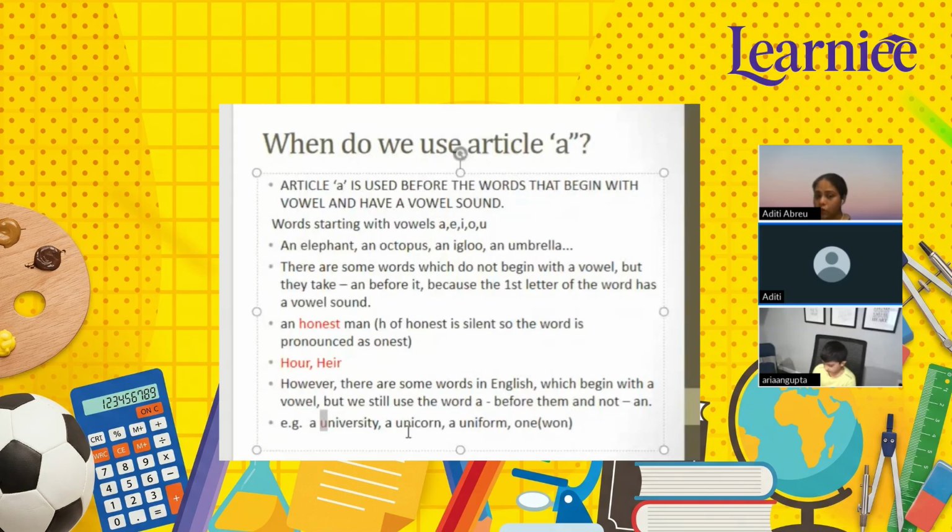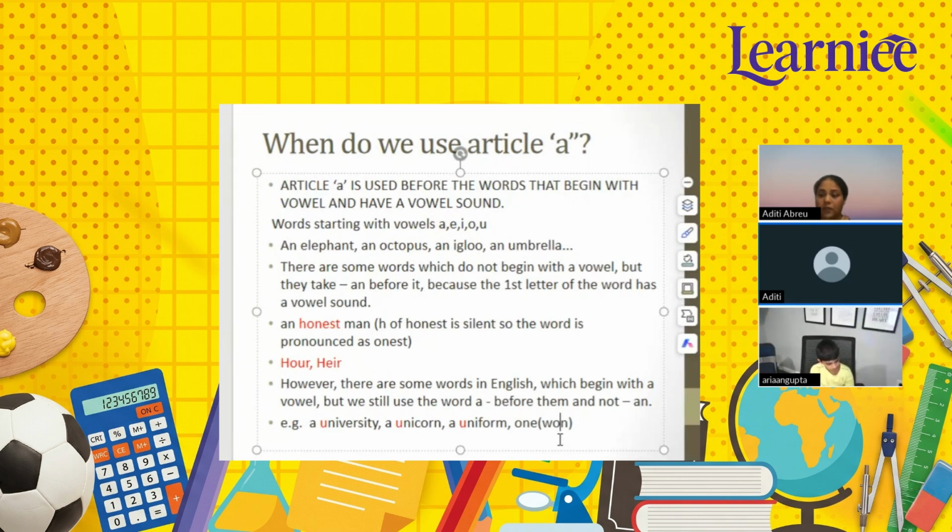When you say university, it has the sound of Y. Uniform has the sound of Y at the start, and similarly unicorn also has the sound of Y. So though it is U, we are not having the sound of U, right? So that's why we'll say a university, a unicorn, a uniform.